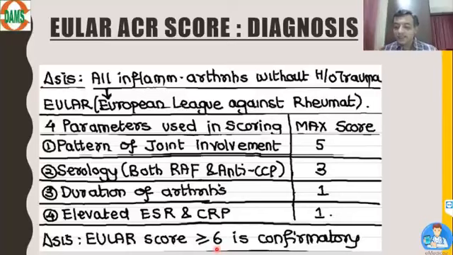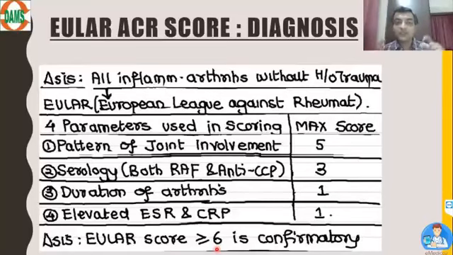As we go along, we will integrate more points. The day I was teaching you SLE, I told you the updated criteria. Please remember everybody, the updated criteria of SLE is now a scoring system like this one.